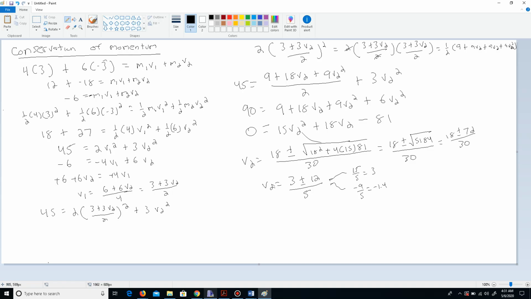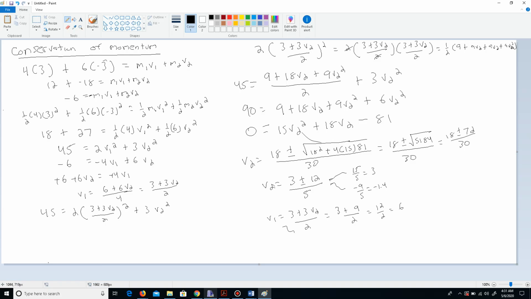So let's go to v1. We know v1 is (3 plus 3v2) over 2. And we're going to put in v2, so we get 3 plus 9 over 2, which is 12 over 2, which will be 6. Alright, and then that's one possibility.